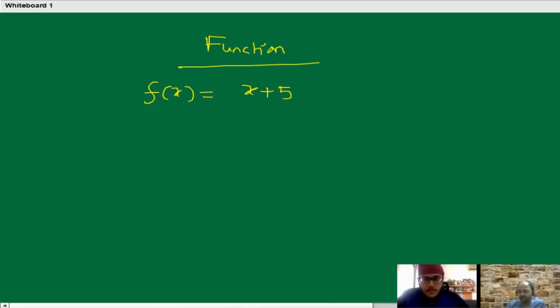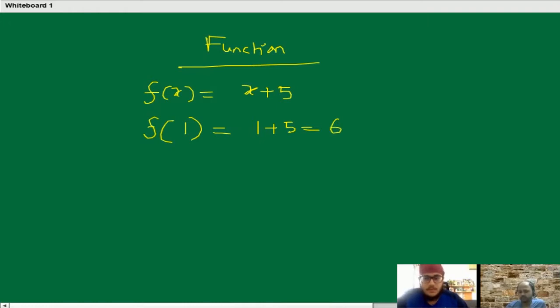Before we discuss what a function actually is, let me tell you something. When we find f of 1, what would be the value? 1 plus 5, sir. Perfect. In place of x we substitute 1, so that would be 6.